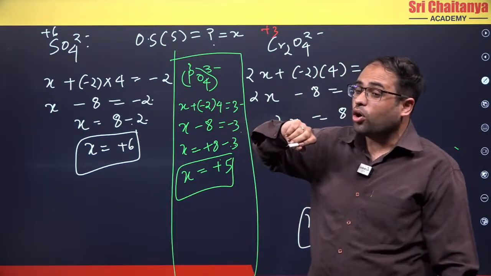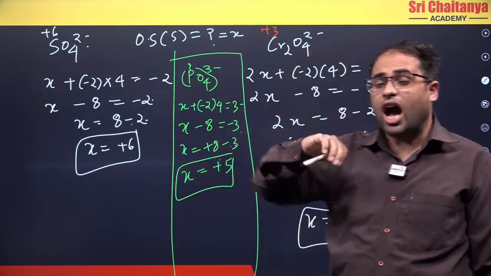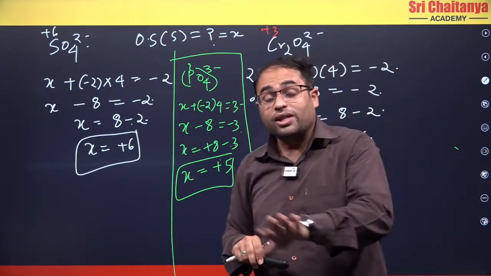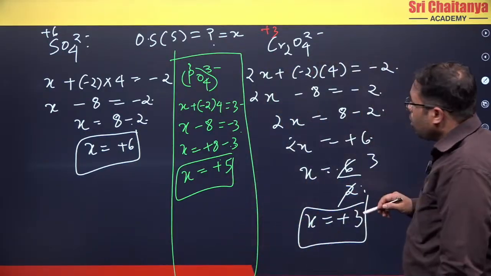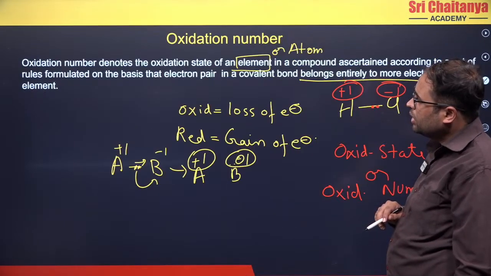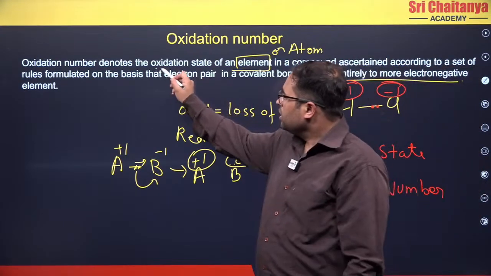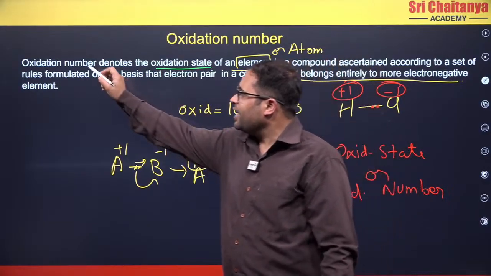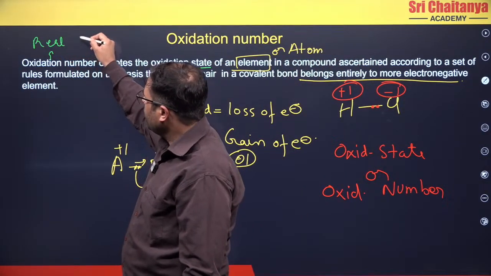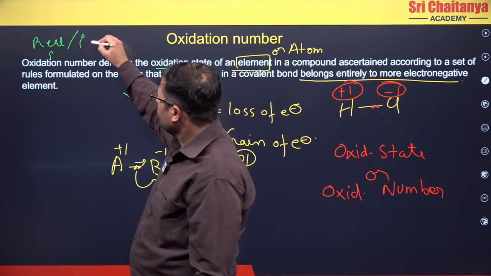Remember, this is the oxidation state or the charge on phosphorus. Now, this is not the actual charge on phosphorus. Remember, oxidation number, I should not forget this. This oxidation number which we are writing can be real or it can be imaginary.